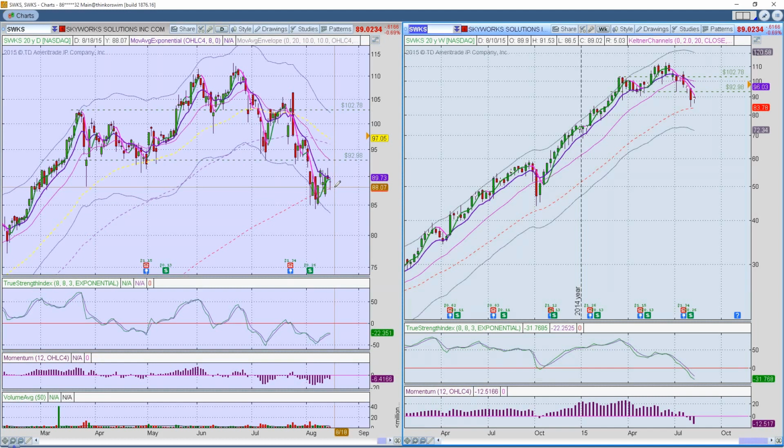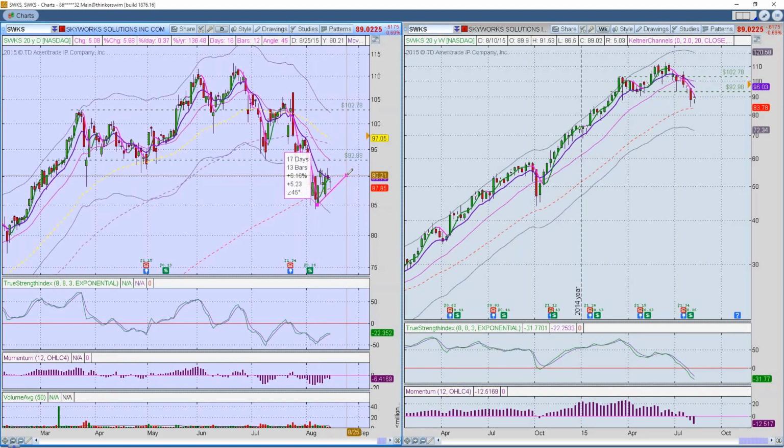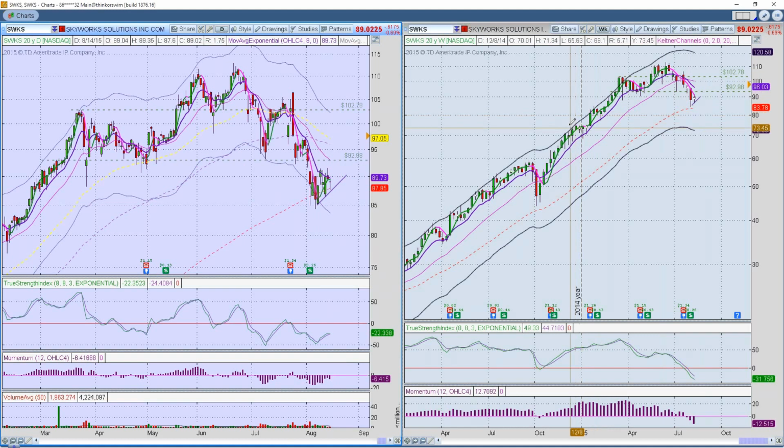So it's really worth keeping an eye on what's going on with that, and to see if we get either one or two things. If we break down below that, because you've got now a bearish flag going across here, if we break down below that, then we're probably going lower. Where's it likely to go? Well, we've got a level of support here at 80, and also a nice level of breakout support here at 75.